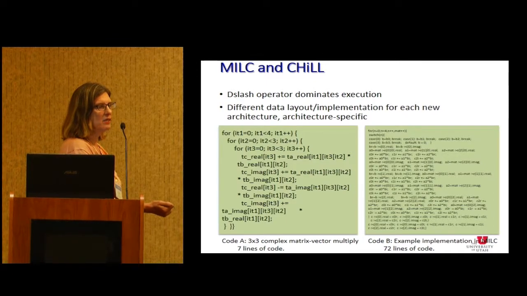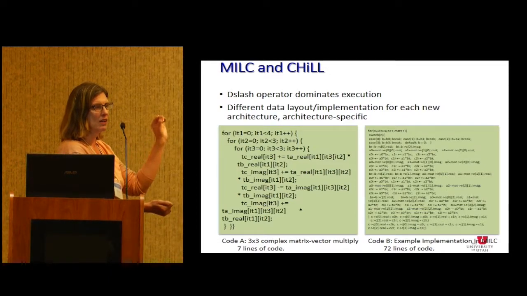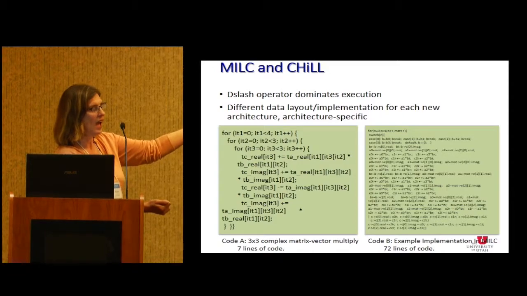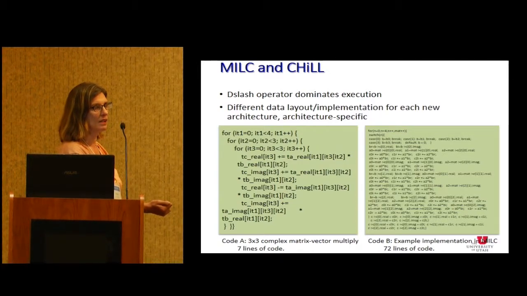What the code developers did was unroll the thing completely and then do a whole bunch of hand replacement of the scalar variables. So you take a piece of code that starts out as 7 lines, and it's 72 lines of code in the software that is run for that kind of target architecture.